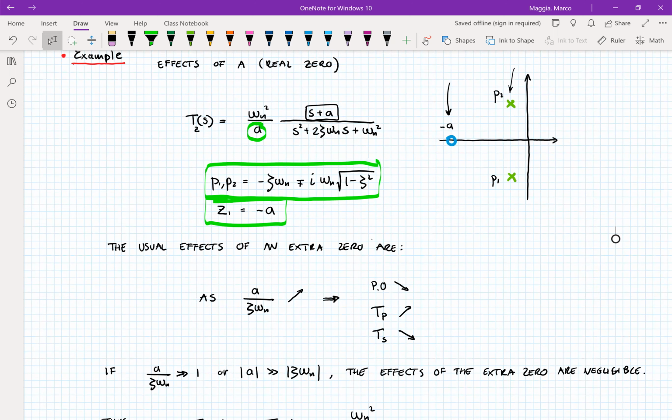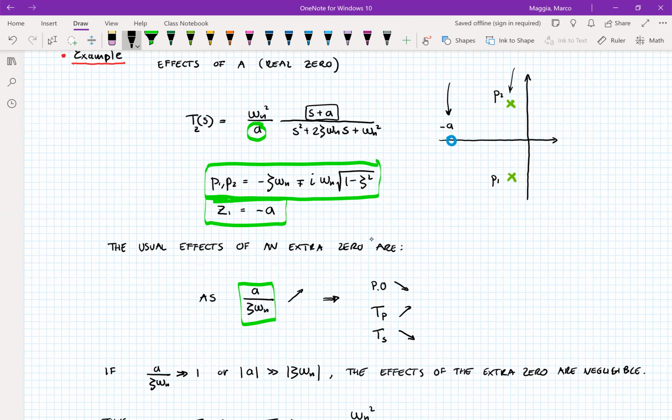So what are the effects of an extra zero to a second order system? Well, as the ratio between a and zeta times omega n increases, then the percent overshoot decreases, the peak time increases, and the settling time decreases.